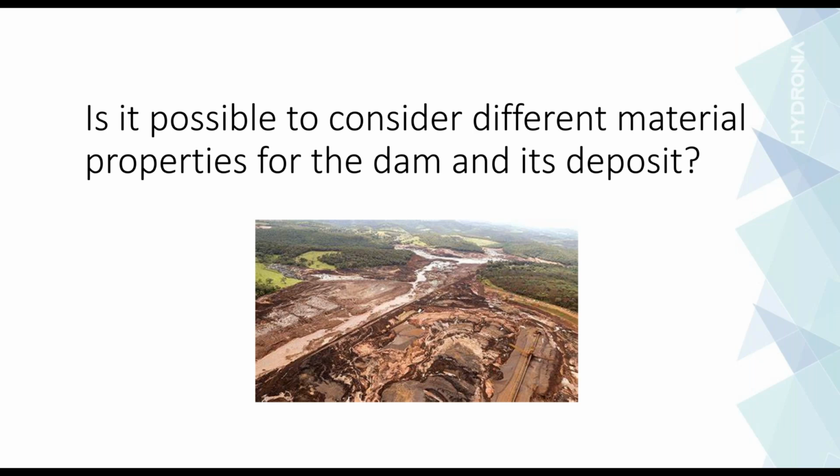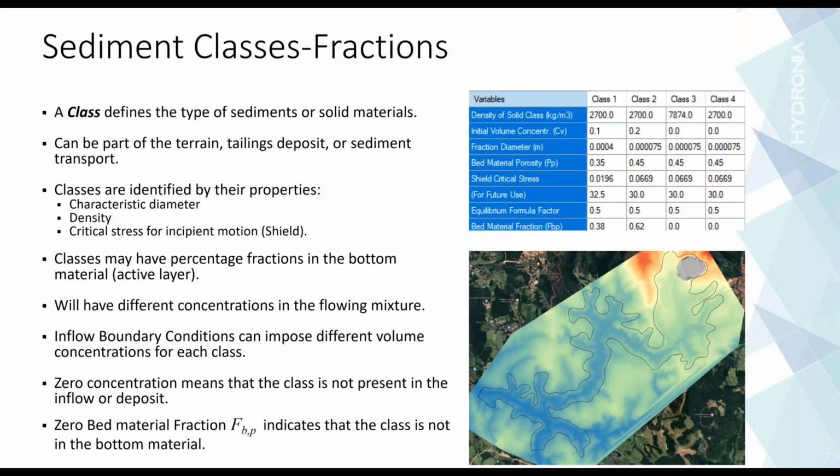They have different soil, they have different materials, and oftentimes you need to consider the different properties of that dam material with respect to the ones you have in the deposit that may be dry or wet or whatever you have. So for that, you need to understand the concept of sediment classes.